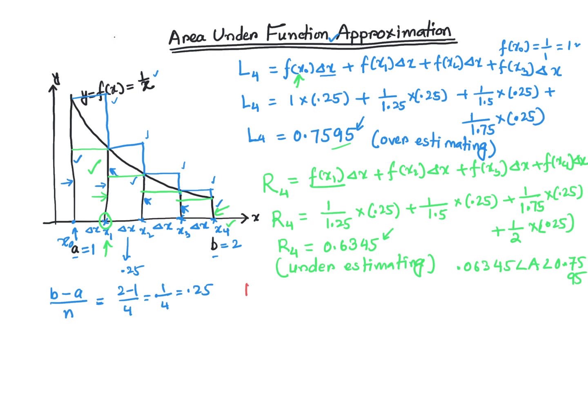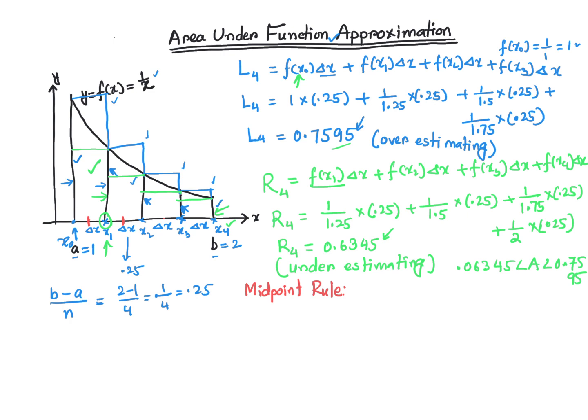So the midpoint rule. Instead of using one of the sides, that means for each of these rectangles we used either the left side as the height or the right side as the height of the rectangle, now, to get a better approximation, we are going to take the middle of each of these delta x's.